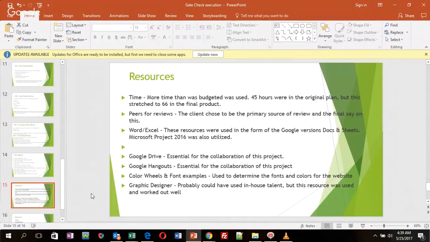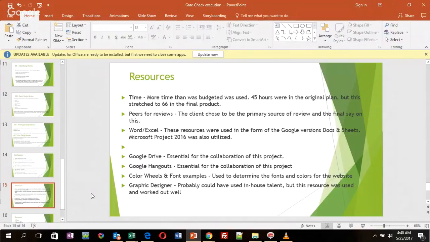We also used Microsoft Word and Excel to draft the Gantt diagram and also for documentation. We use Google Drive to collaborate among team members, because each team member has his or her role to play. So after completing the assignment, we use Google Drive to share to see what each member has come out with.